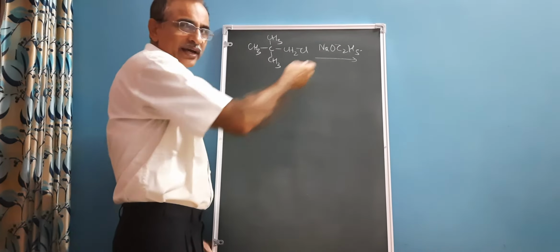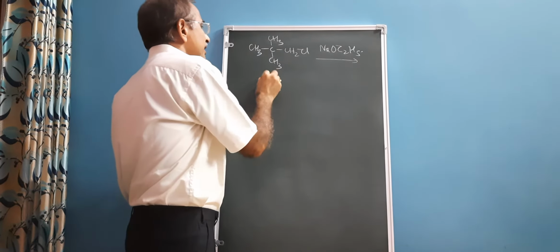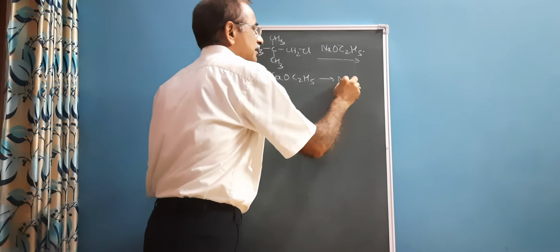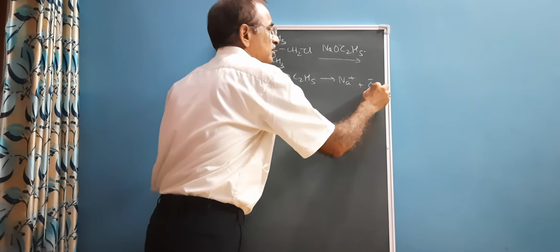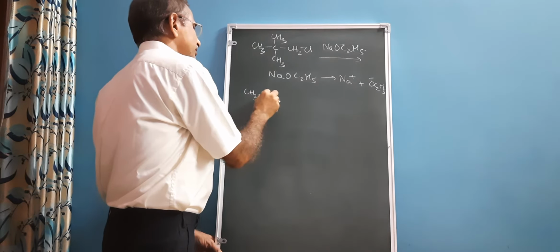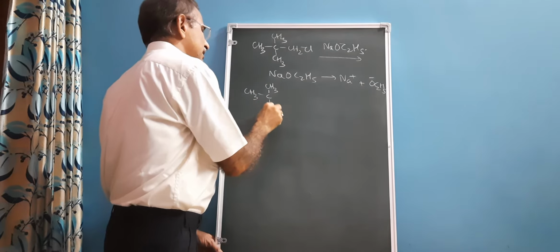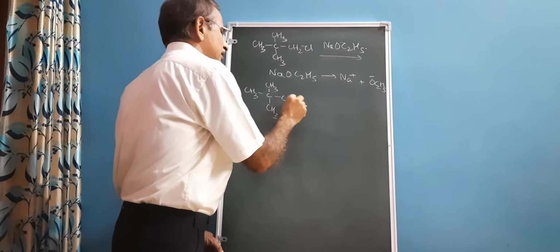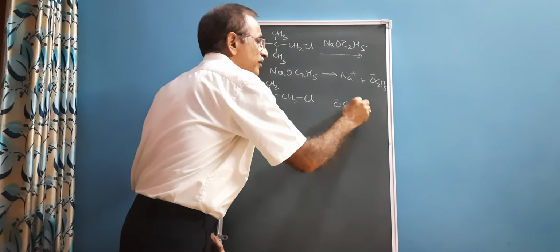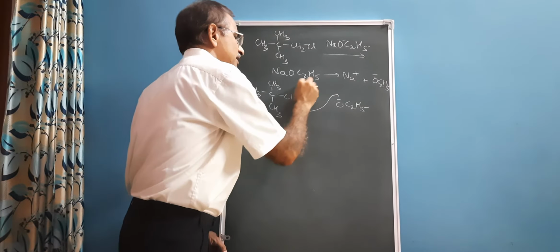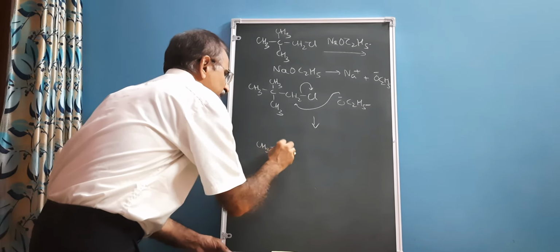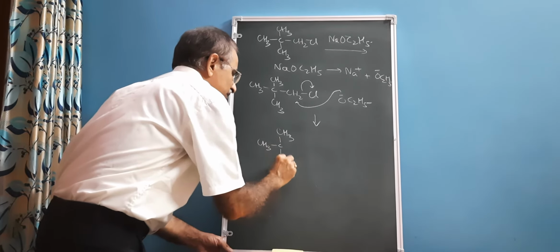Now let's see how the mechanism can be written. Here, sodium ethoxide will provide Na plus and base C2H5O minus. Now in the first step of this reaction, as here O minus C2H5 approaches this carbon and this bond starts breaking, there will be formation of an intermediate stage, that is the transition state.